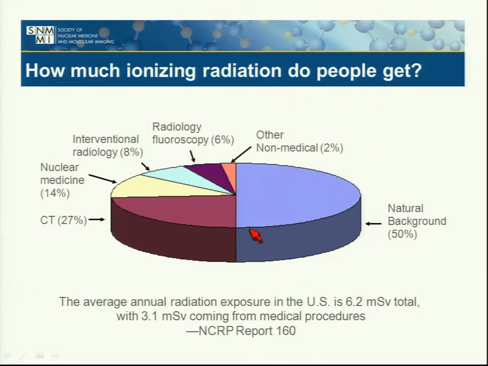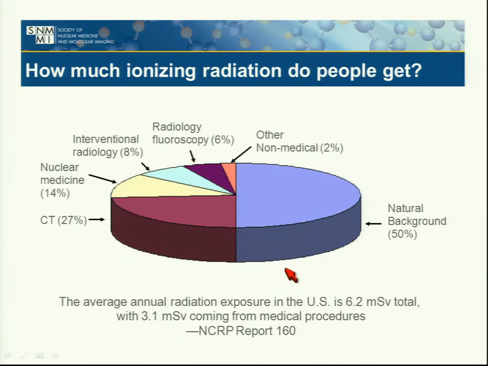In this pie chart, it shows the average radiation that a person in the U.S. gets every year. Now, this is an average, right? That means not everybody gets this. Some people get more, some people get less. And you've got to be a little careful with averages, right? If Bill Gates walks in the door, the average income of all of us goes up. We still have no more money, but the average income goes up.